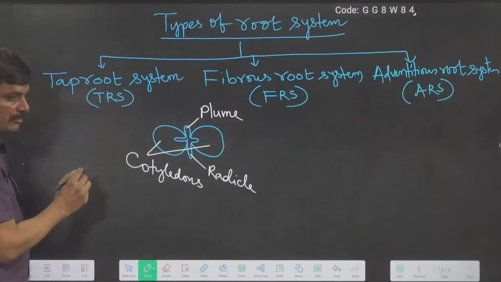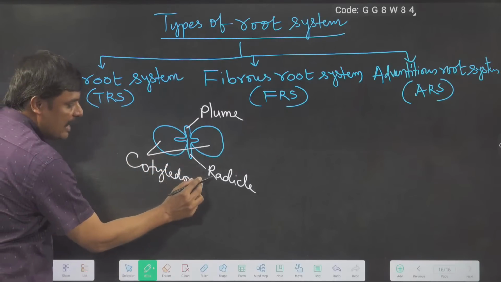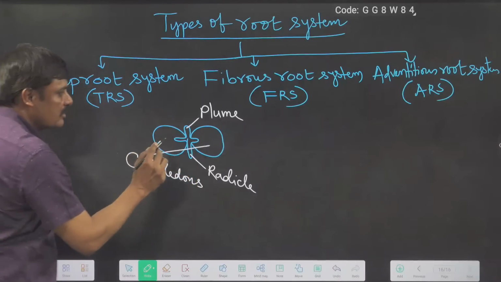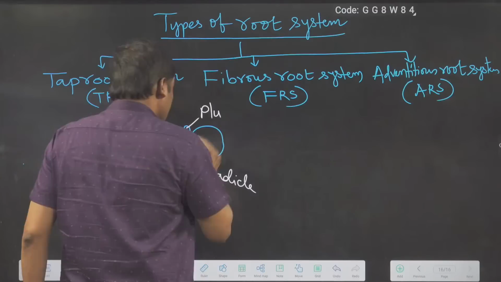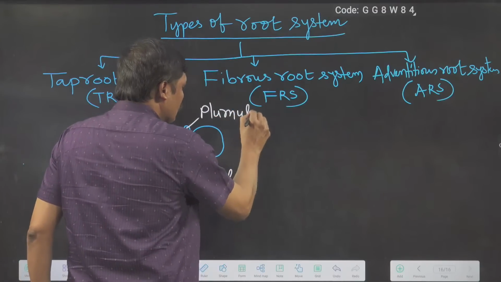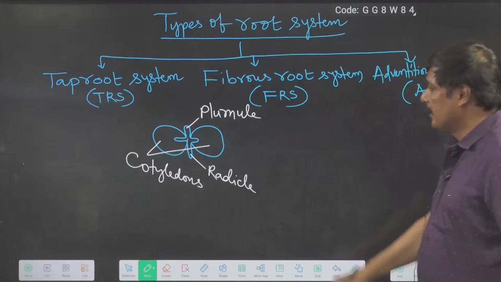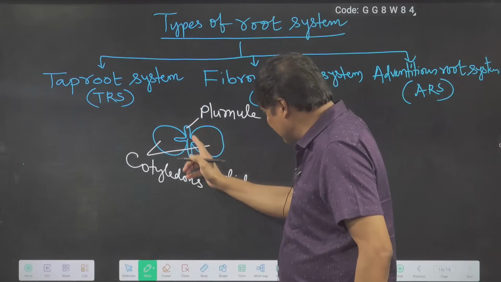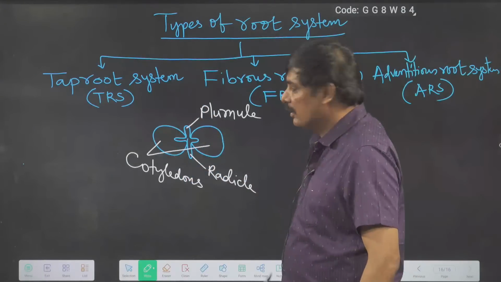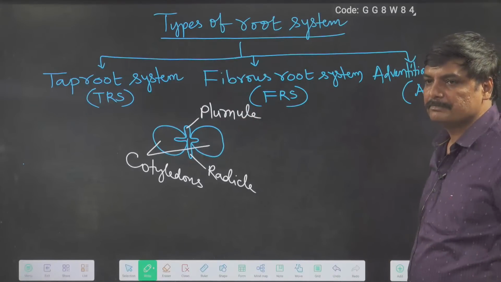Tap root system is formed from the radicle of the embryonal axis. These two root systems are not formed from radicle.